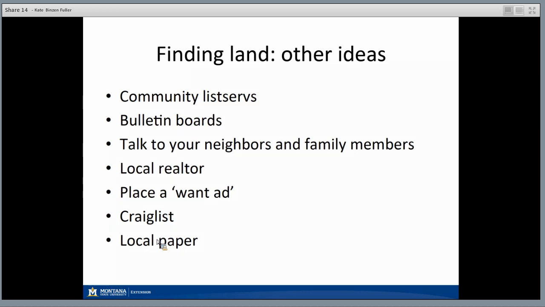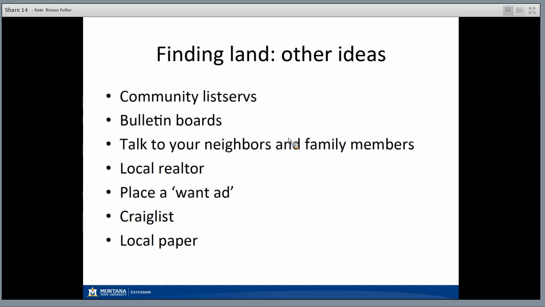Sometimes you see land listings there as well, or people that are looking for a little bit of land. Bulletin boards around town, sometimes I see land listed there. It's always a good idea to talk to your neighbors and your family members. They may be aware of some things that you're not, or maybe someone has a little piece of land you can get access to.